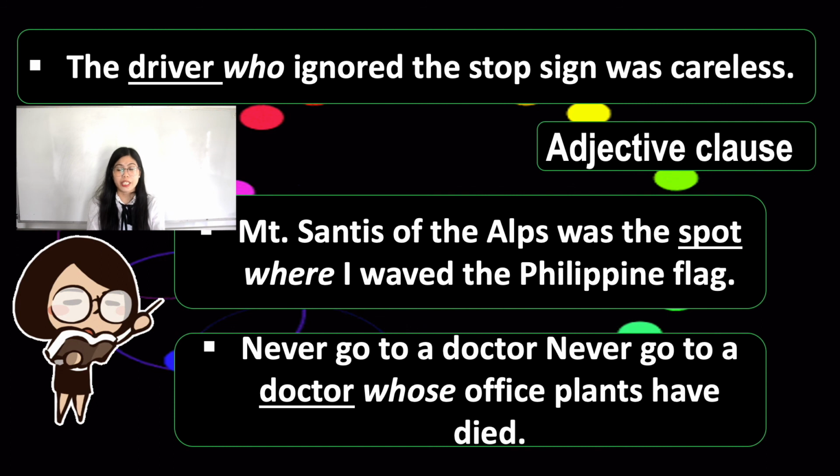Since we have the relative pronoun whose, our adjective clause would be whose office plants have died. And this adjective clause modifies the noun doctor. If we are going to ask whose office plants have died, the answer is the doctor. So that is an adjective clause.